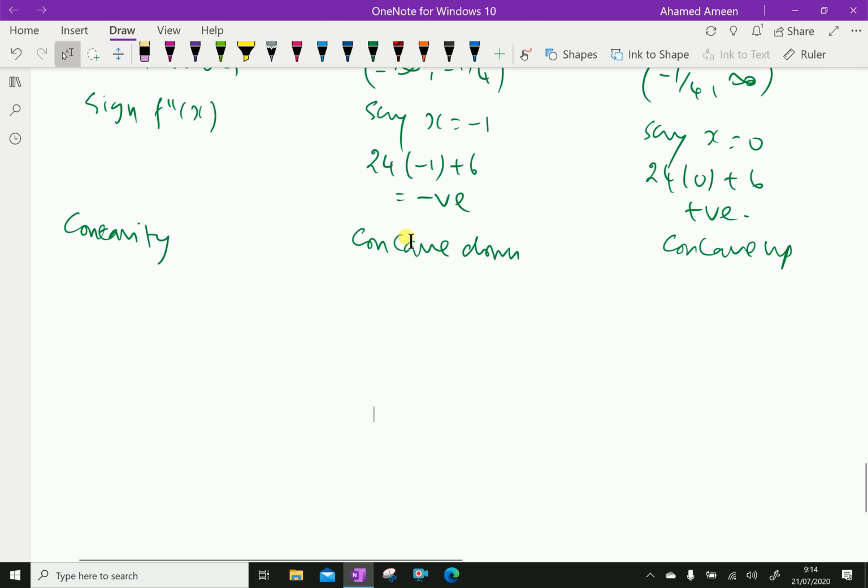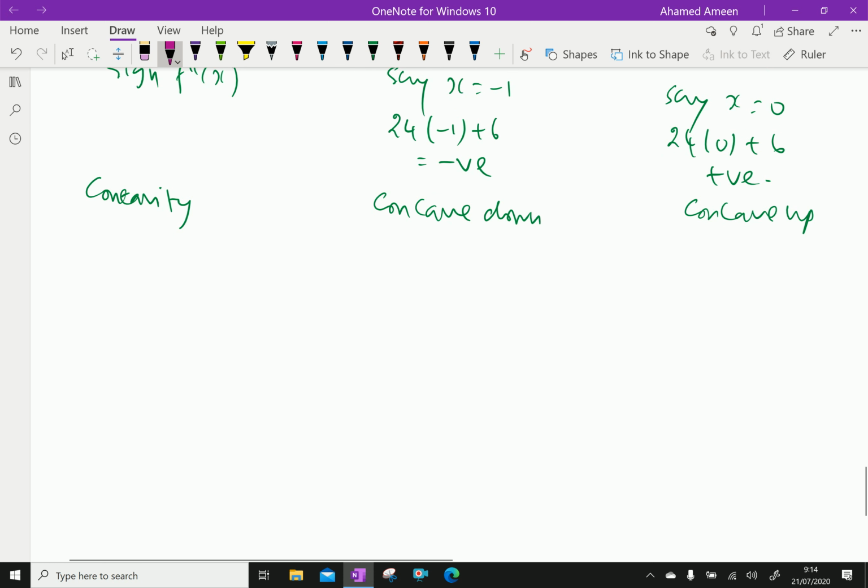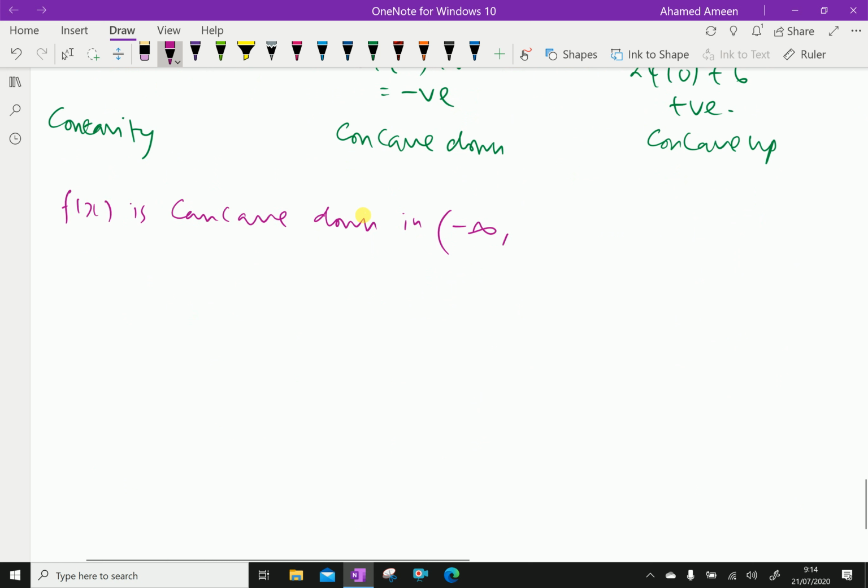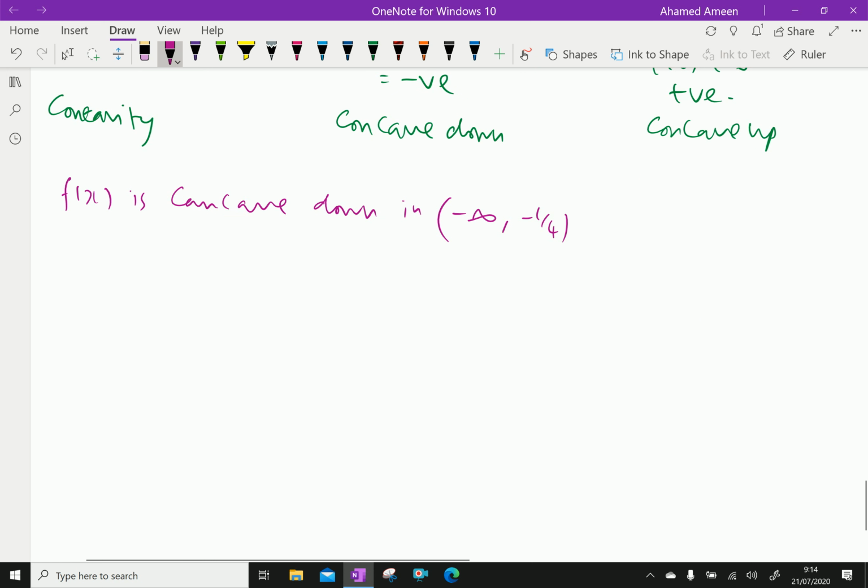Now therefore, f of x is concave down in the interval minus infinity to minus 1 by 4, and concave up in the interval of minus 1 by 4 to positive infinity.